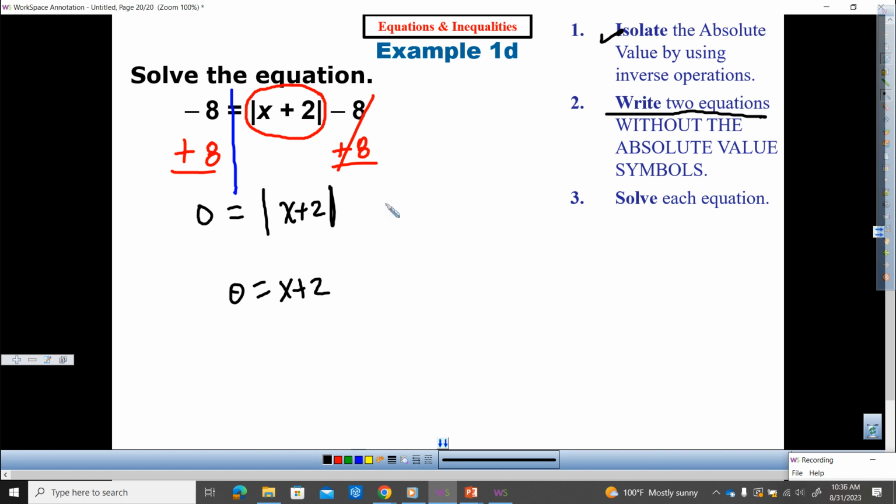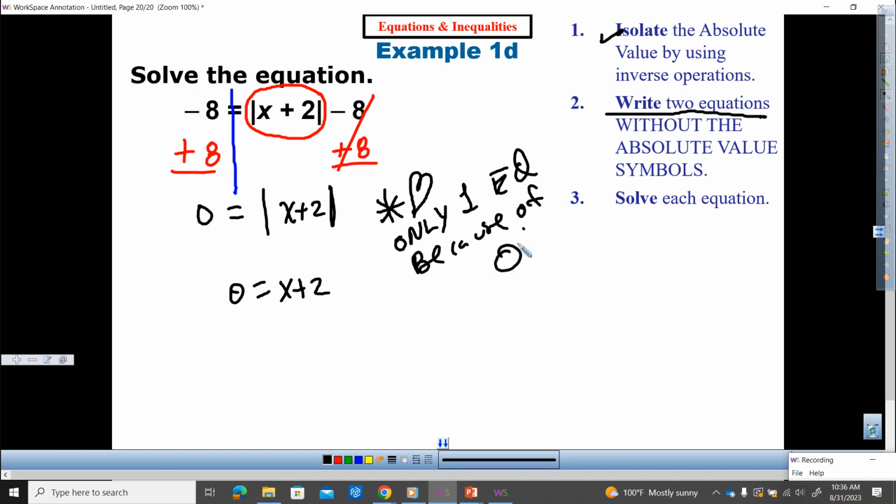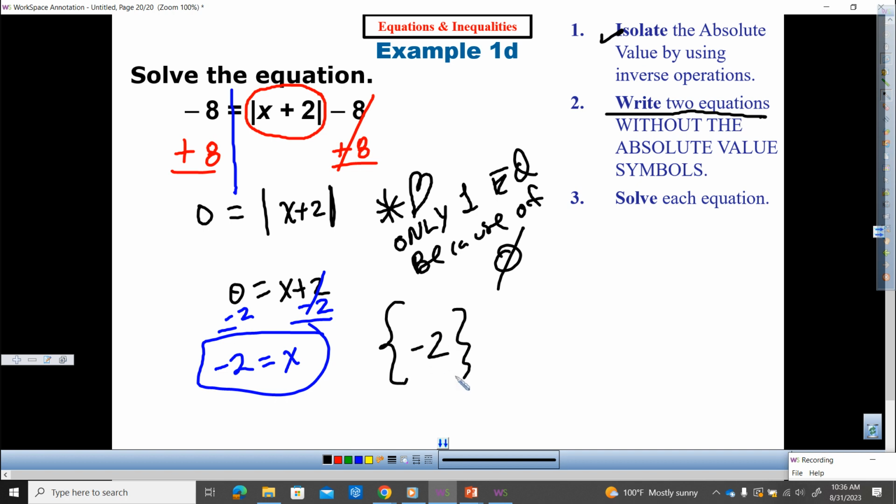Put an asterisk, a heart, so you can remember, and just write only one equation because of 0. And let's solve. Minus 2 minus 2, negative 2 equals x. Solution set: negative 2.